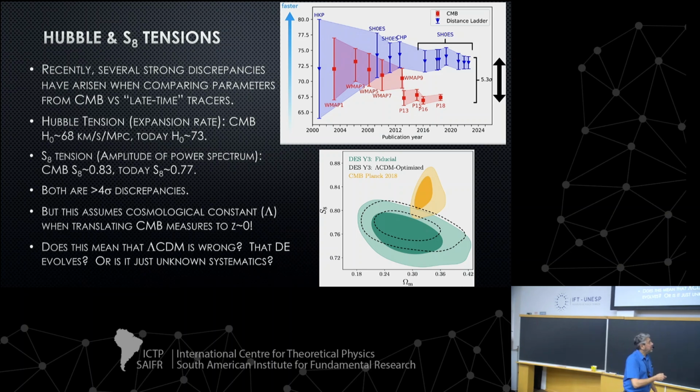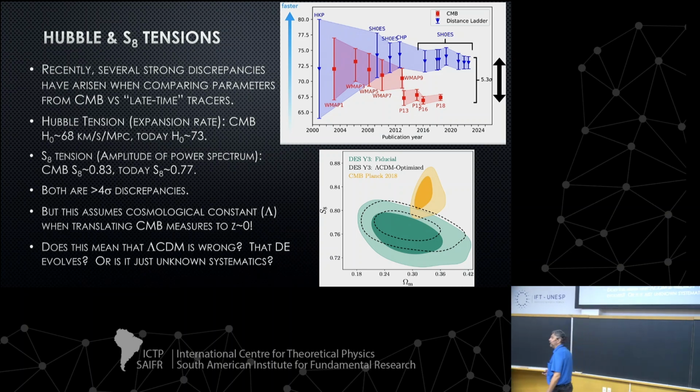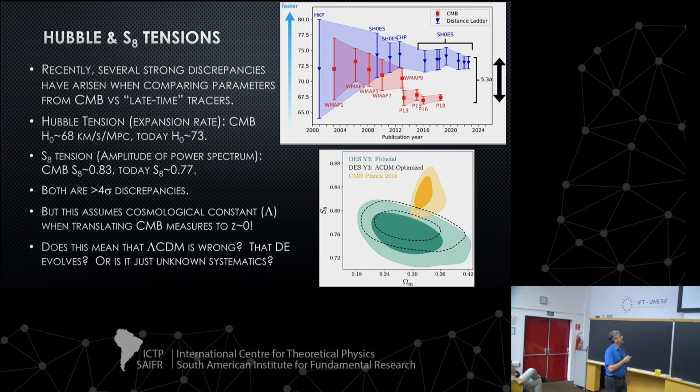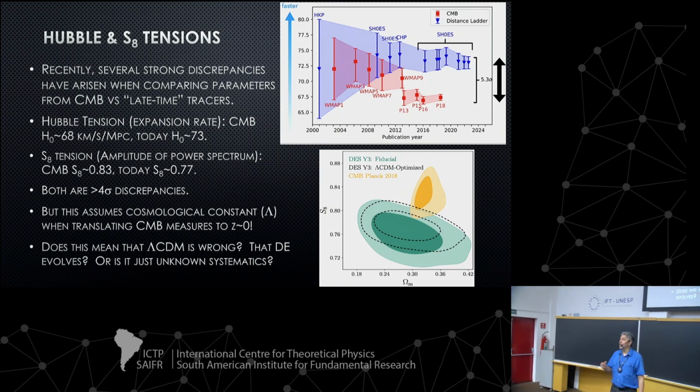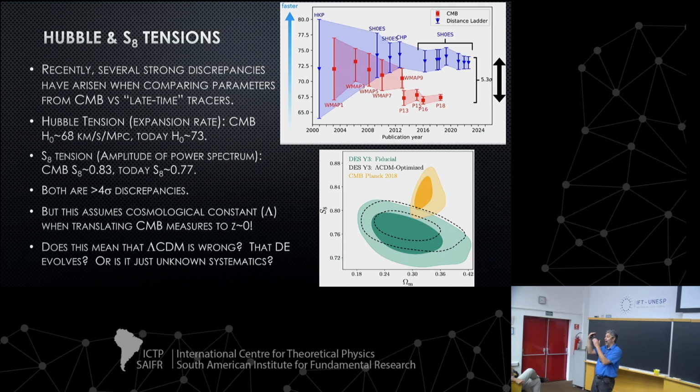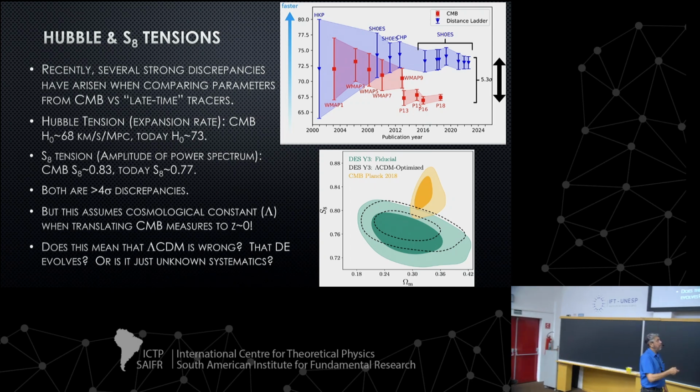The other tension has gotten a little bit less notoriety, but it's almost as important, which is this S8 tension. S8 is essentially a measurement, I won't go into details of exactly what it is, but it's an amplitude of the matter power spectrum. So you're measuring some kind of amplitude, and you're asking, do the data points from the CMB line up in amplitude with the data points from all the more local measurements, like, in this case, the Dark Energy Survey they're trying to compare to, right?